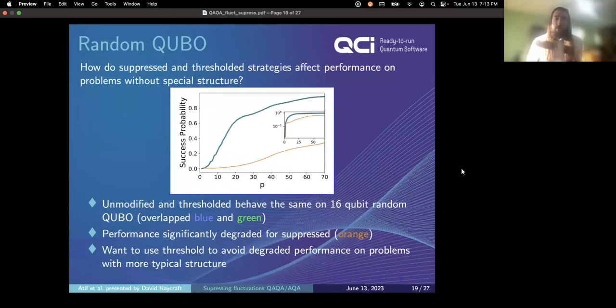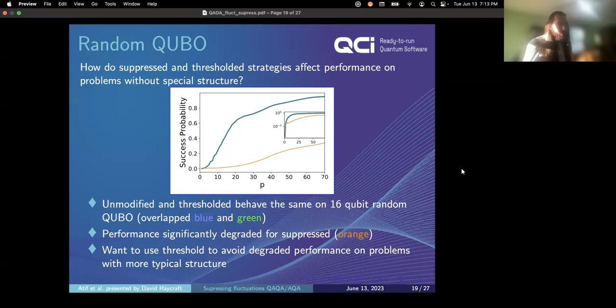For our next test set of problems, we had random QUBOs. The thresholded and unmodified versions both performed identically, because the thresholds were never reached. This type of problem didn't exhibit the pathological behavior that I explained earlier.